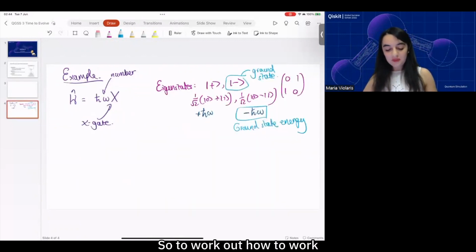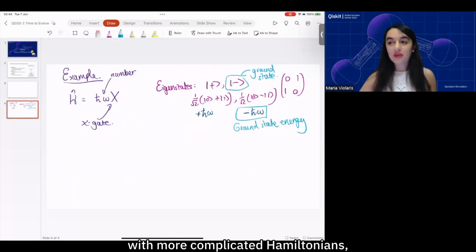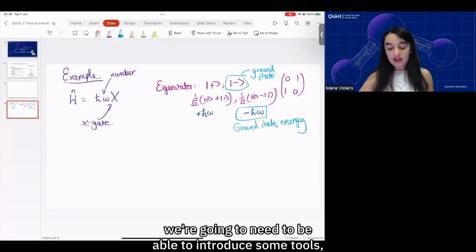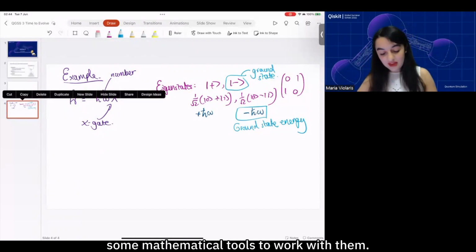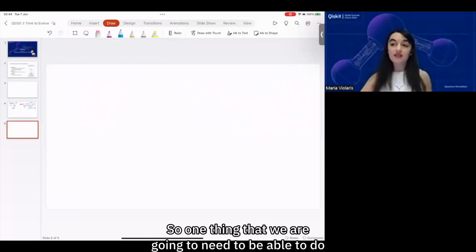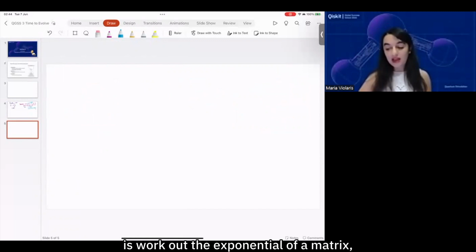So to work out how to work with more complicated Hamiltonians, we're going to need to introduce some mathematical tools to work with them. So one thing that we're going to need to be able to do is work out the exponential of a matrix.